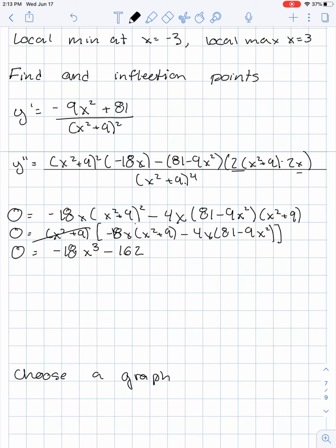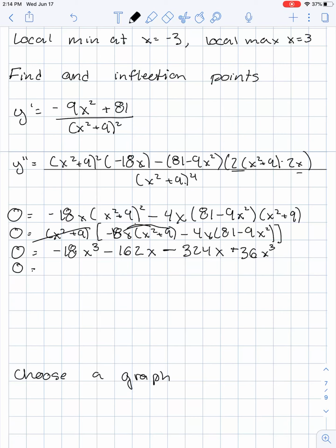Yeah, okay, 162x, minus 4x times 81, that is going to be 324x, minus 9 times 4 is 36, so that's plus 36x cubed.